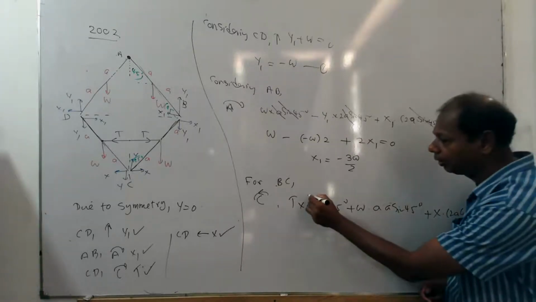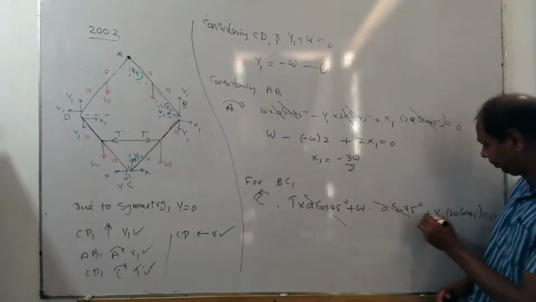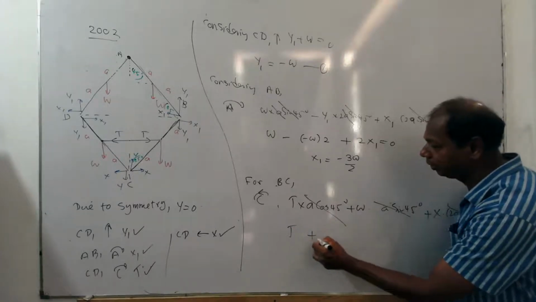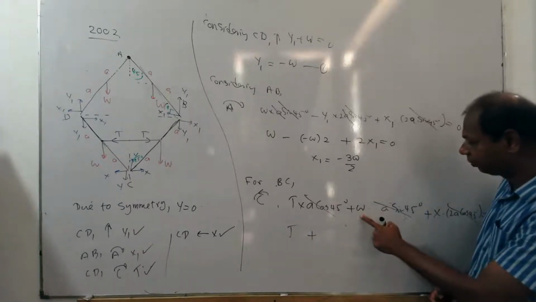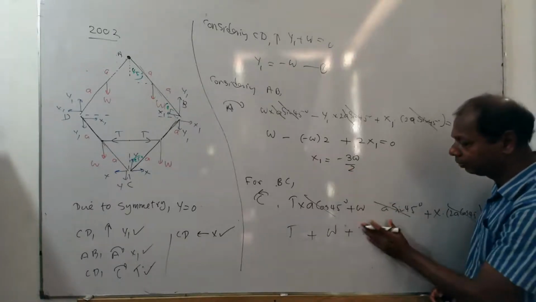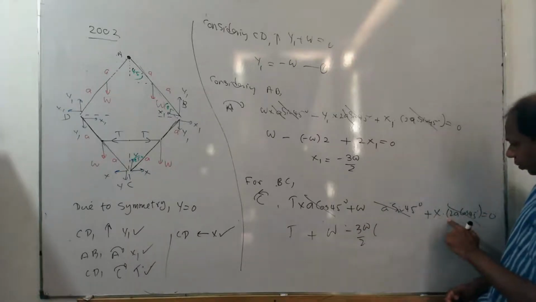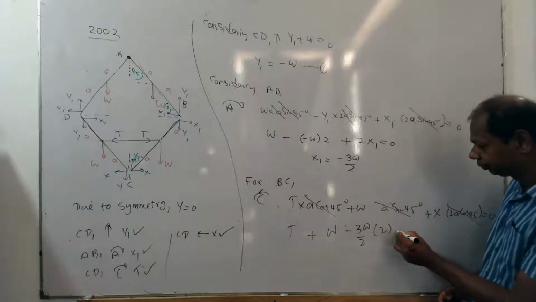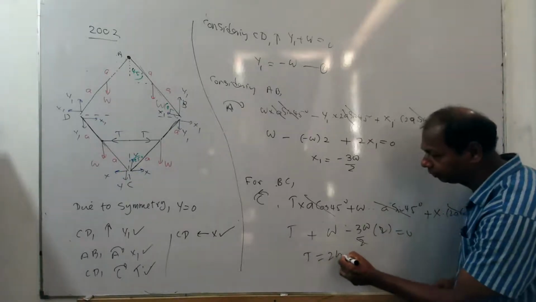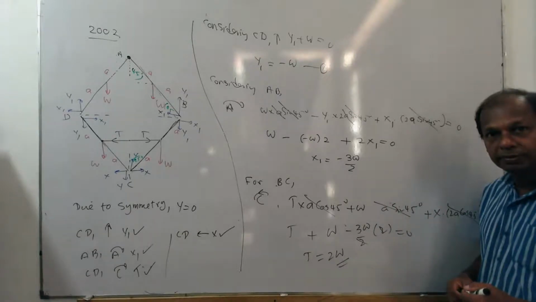Then a cos 45 will get cancelled, and you can substitute for the other things. This is W plus x is minus 3W over 2, into 2, equals 0. For T we get 2W. T equals 2W, the answer.